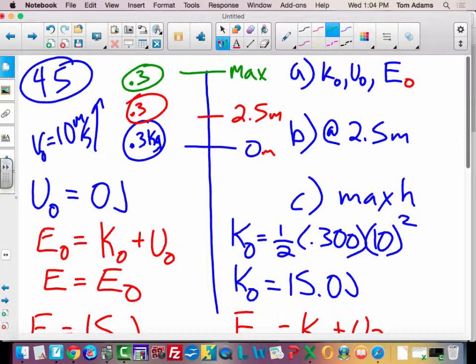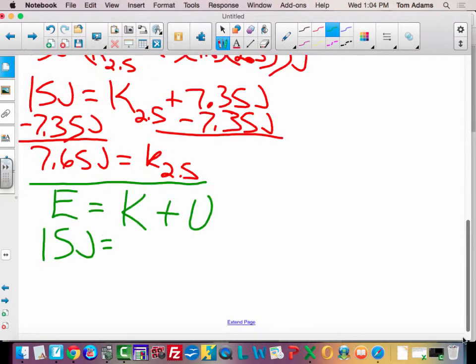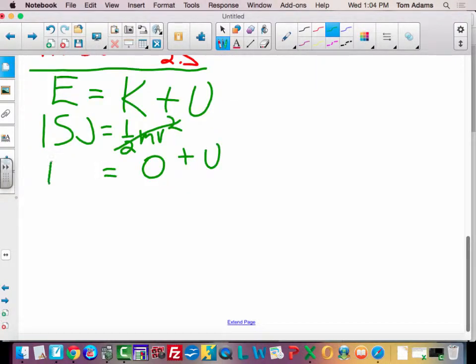Therefore, what is the kinetic energy at that point in time? 0. Remember, because this is one half times the mass times the velocity squared, but since the velocity is 0, that whole thing is 0 plus the potential energy. That should equal 15 joules.